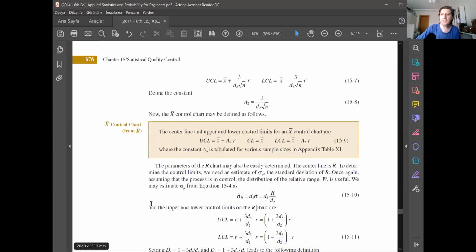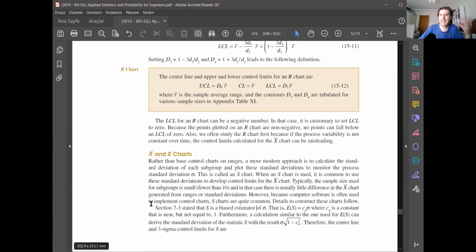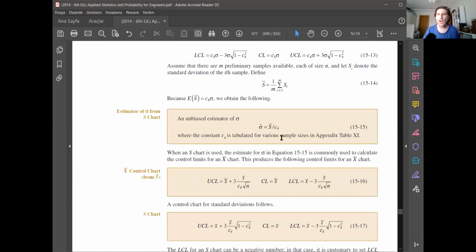And now comes the interesting point. Just like an X bar chart, we are going to have an expected value and upper and lower control limits. The interesting point is this: when you obtain an S bar value, you divide it by a constant C4 that is tabulated for various sample sizes in any statistical quality control book that you can find.